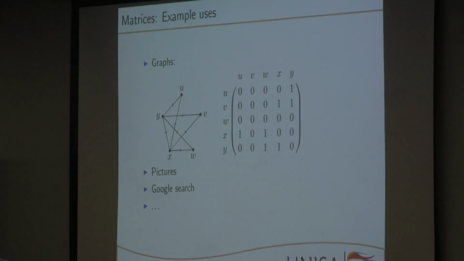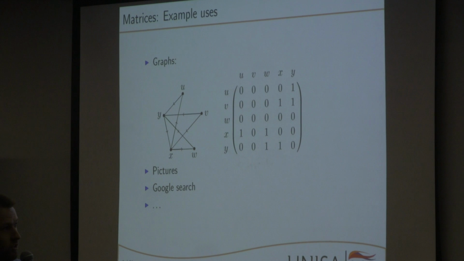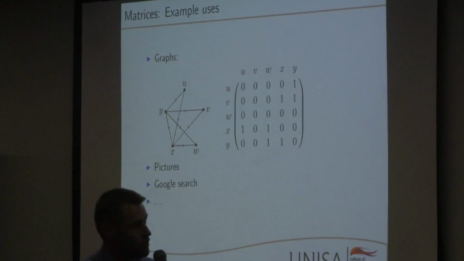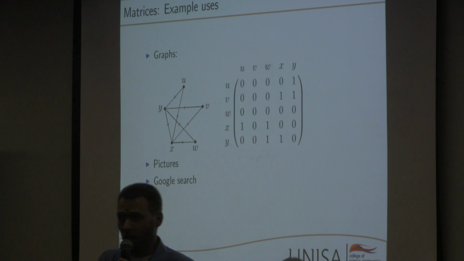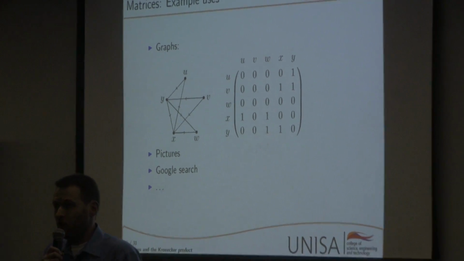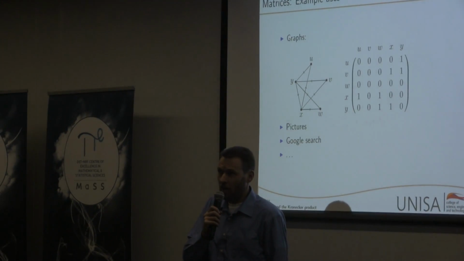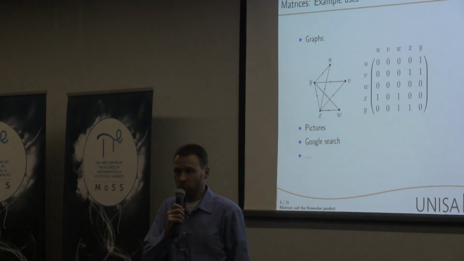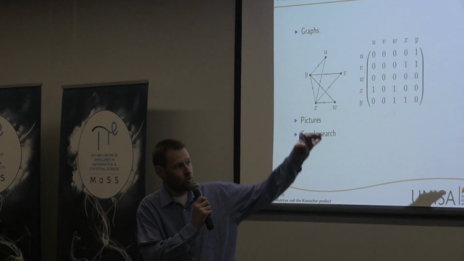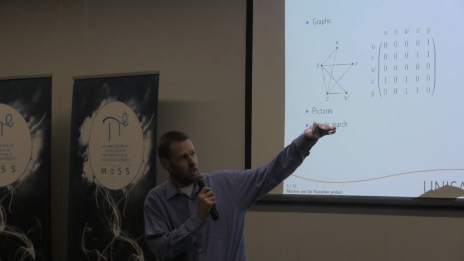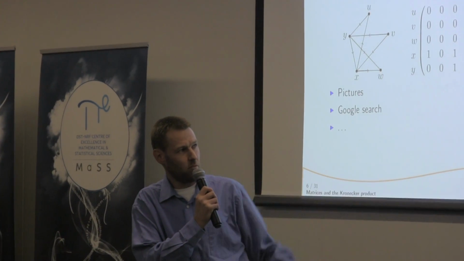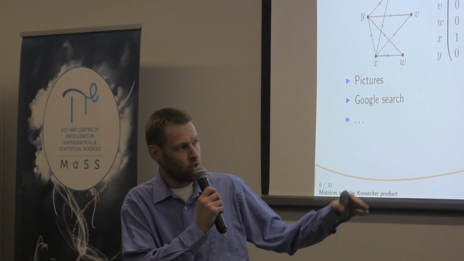We can also use matrices to describe graphs. So here we have a graph. It's got a number of nodes labeled X, Y, U, V, and W. And then if we order those nodes as U, V, W, X, Y, you see there the columns refer to the different nodes and also the rows.